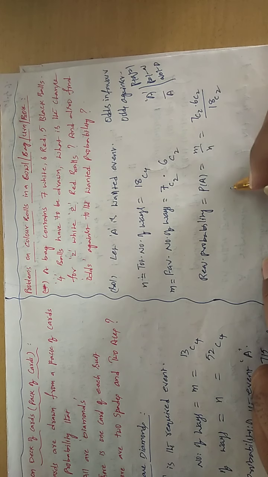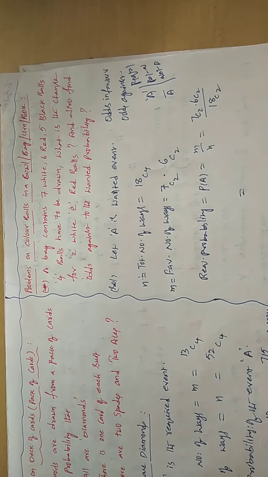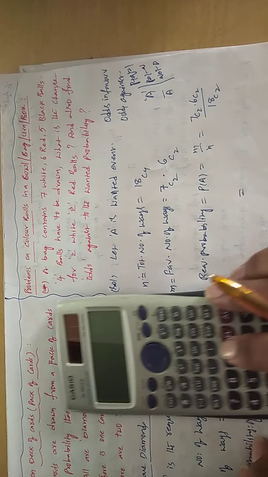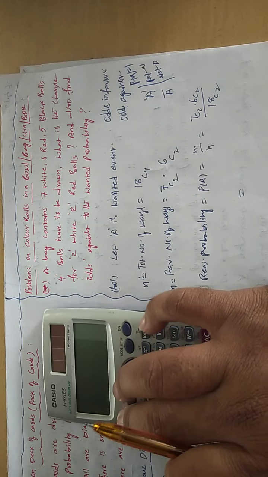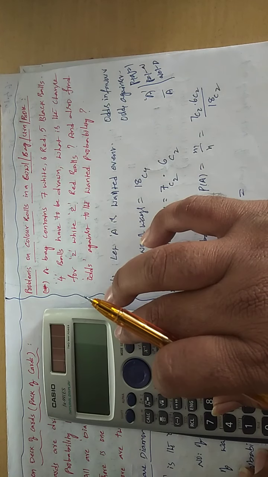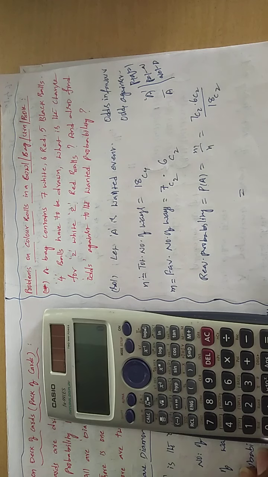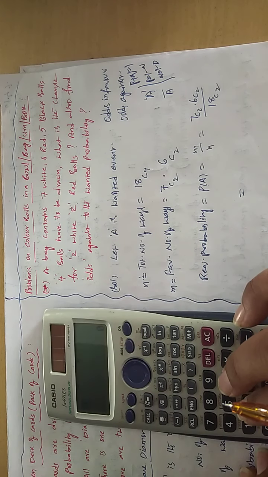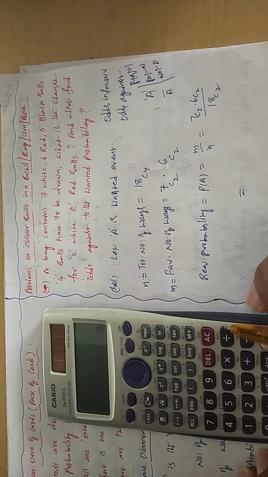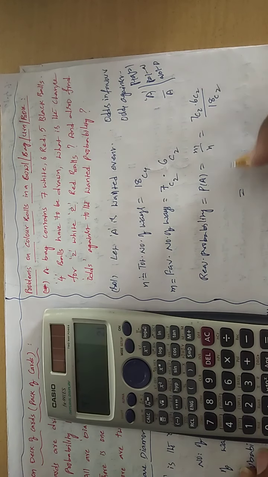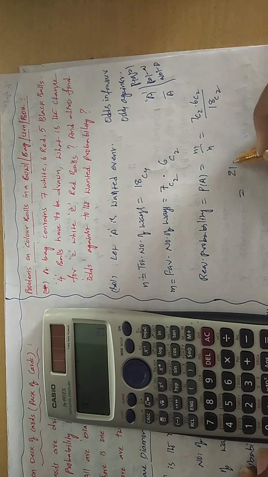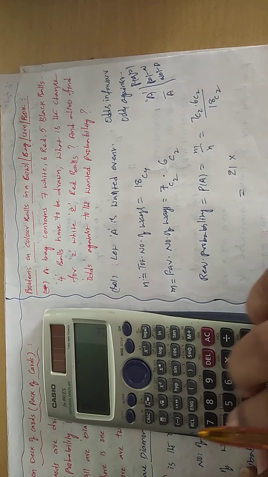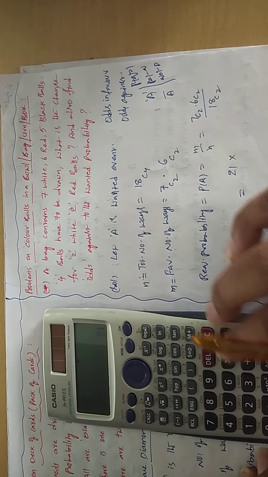Okay. Now we go for simplification. So how to get the 7C2? Now 7 shift nCr 2, which is equal to 21. 21 into 6C2, how do you get? 6 shift nCr 2.